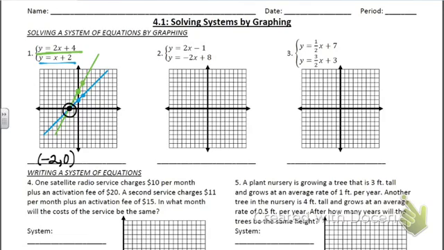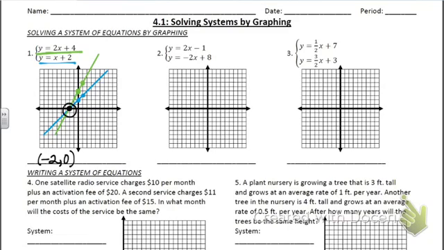But since we're doing some of these by hand, graphing is not always the best way to solve a system. As you saw from my own graphing, I knew what the answer was supposed to be, so I knew that it was not crossing in the right place. That's why I really want to encourage you, when you are doing your homework tonight, use some kind of straight edge to make your lines as straight as possible so that you can be as accurate as possible.